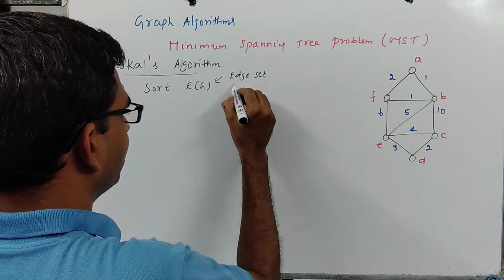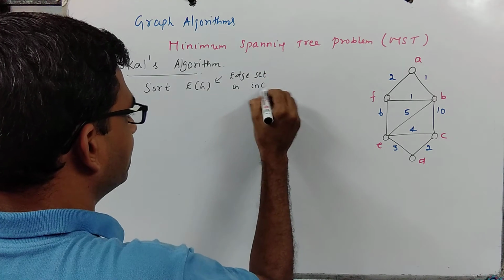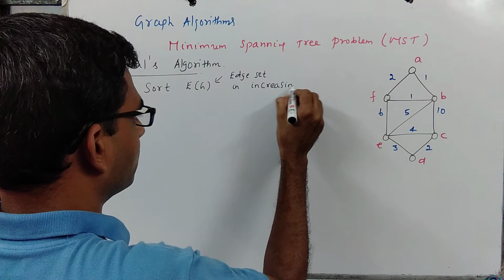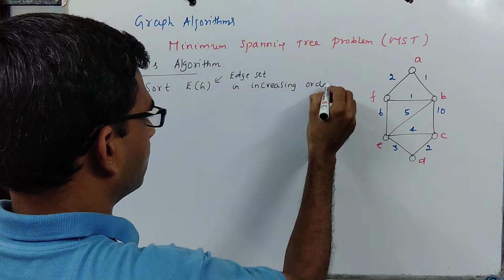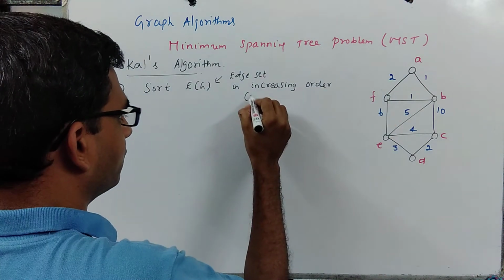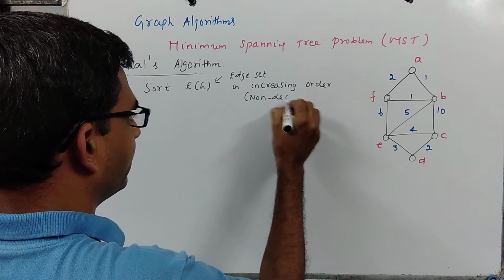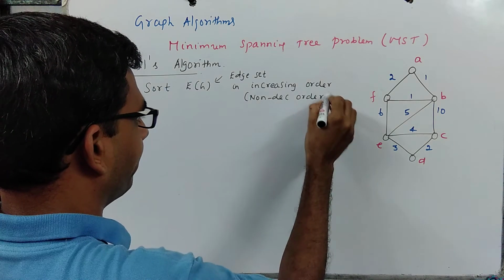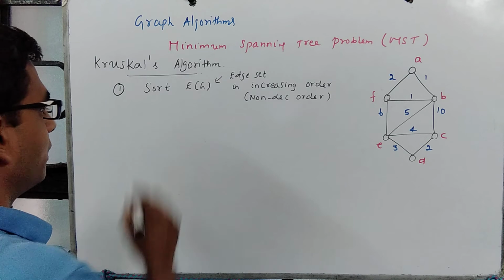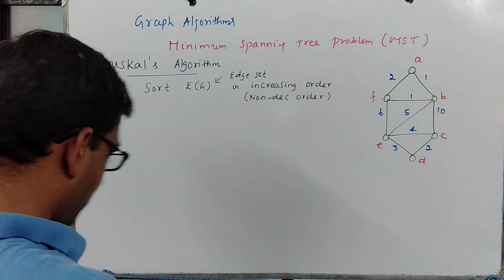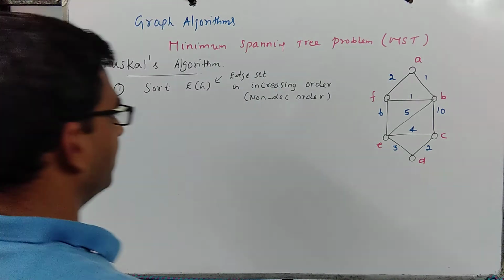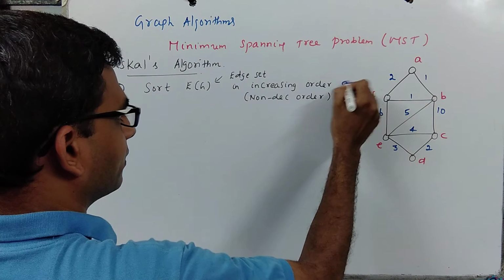So sort them in increasing order. There are duplicates, so say non-decreasing order. With respect to this order, let me call this order as say sigma.